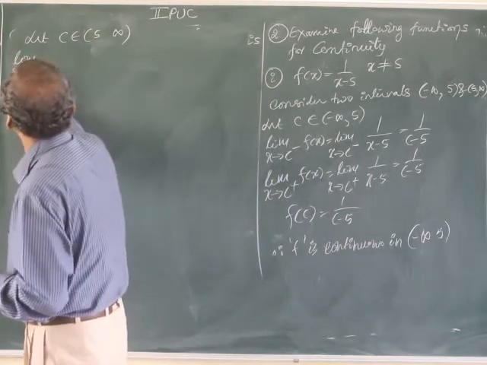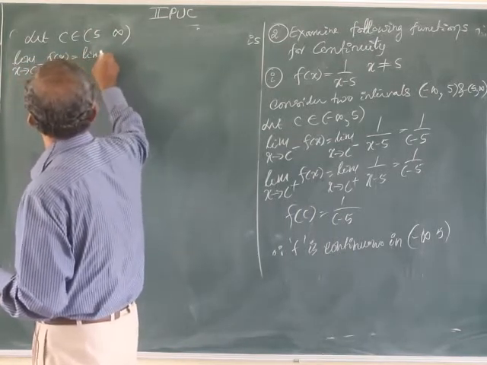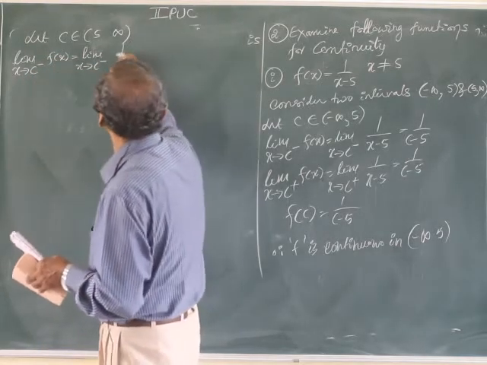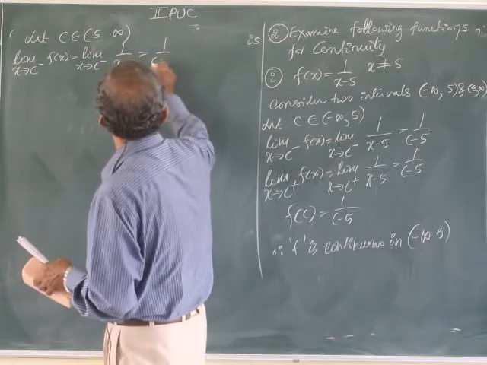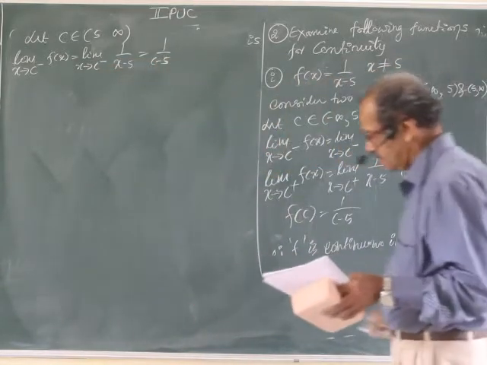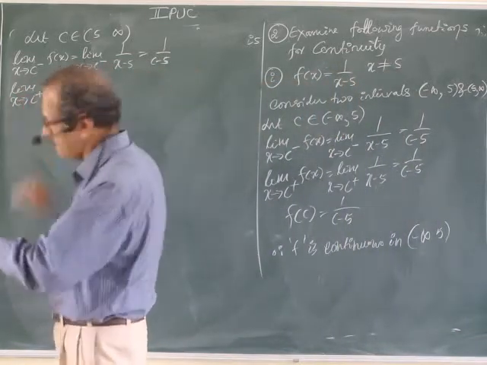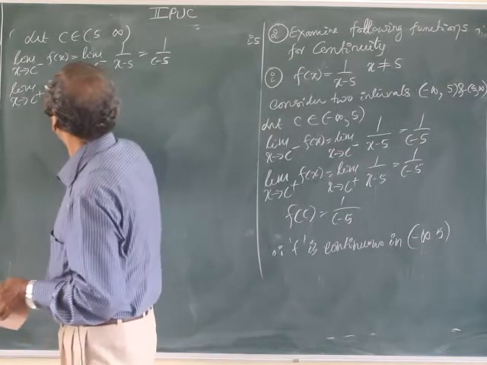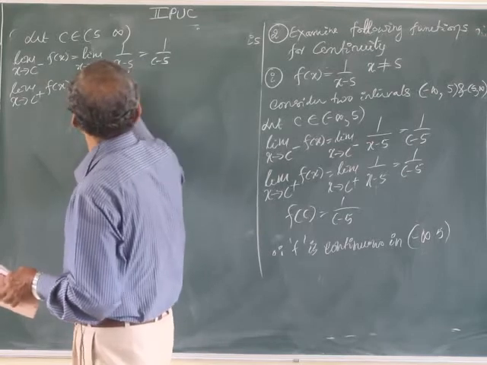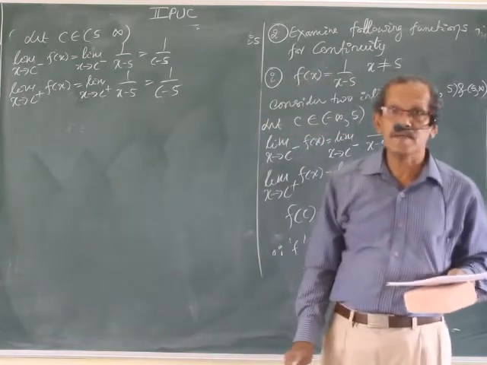Limit x tending to C minus f of x equals limit x tending to C minus 1 by x minus 5, which is 1 by C minus 5. Limit x tending to C plus f of x, limit x tending to C plus 1 by x minus 5, again 1 by C minus 5.